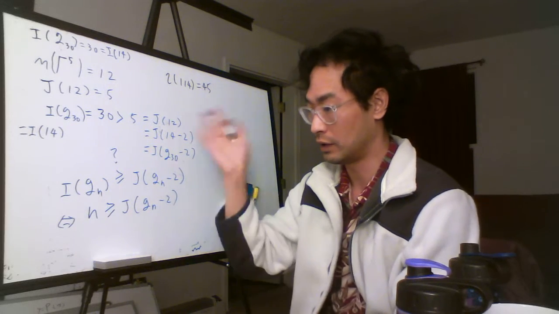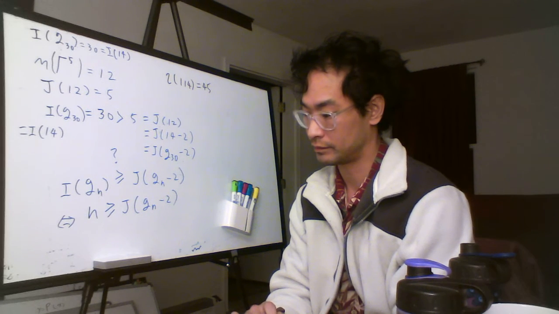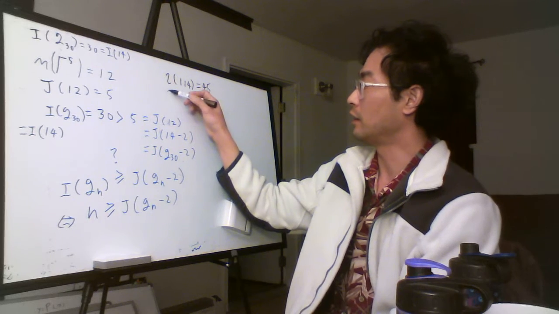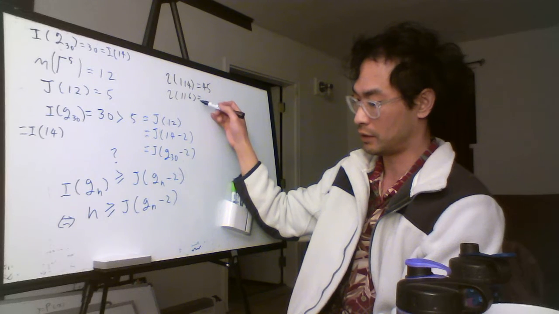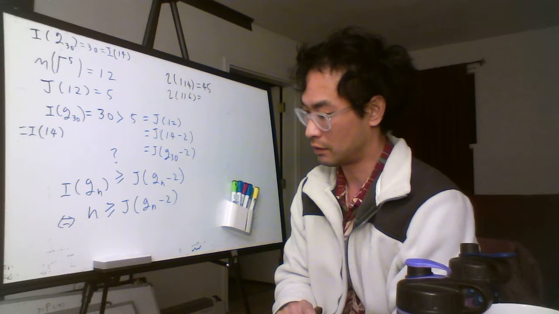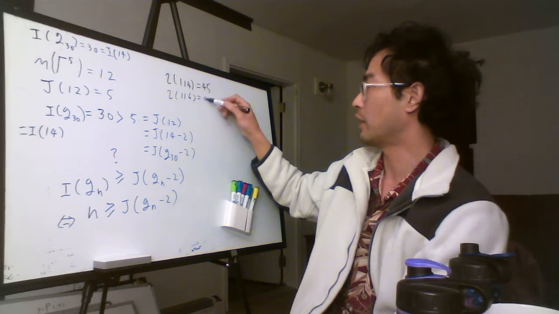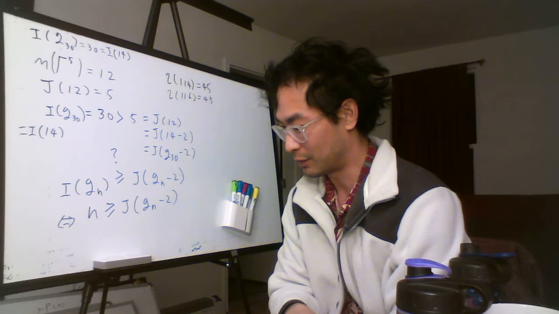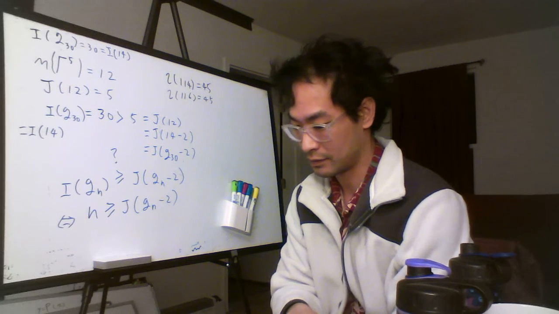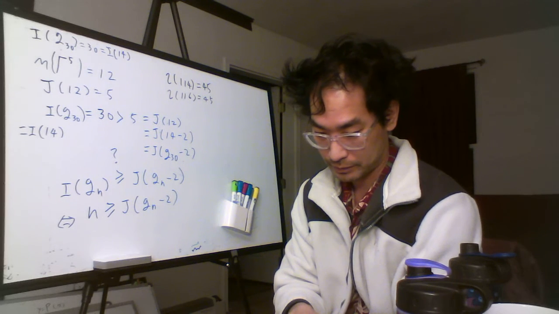The index of 116 happens to also be 45. Why? Because 114 was missing, right?